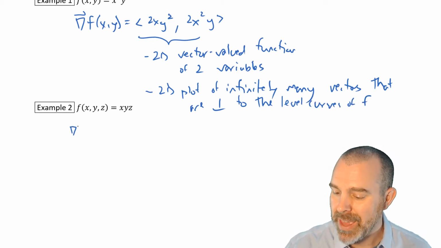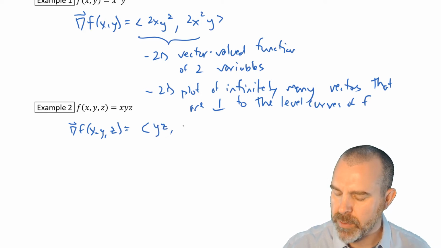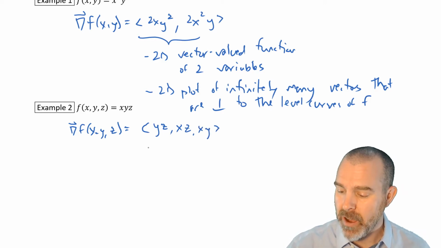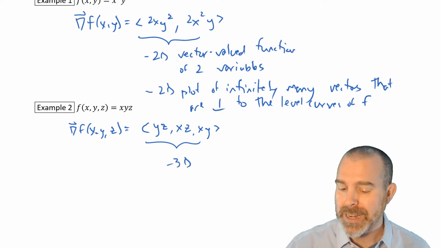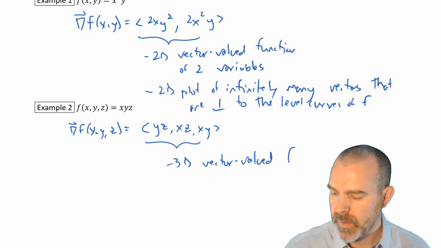We could do the same thing for a function of three variables. The gradient here, let's see, the partial derivative with respect to x would be yz. The partial derivative with respect to y would be xz, and the partial derivative with respect to z would be xy. And similarly here, this is a three-dimensional vector valued function of three variables now.